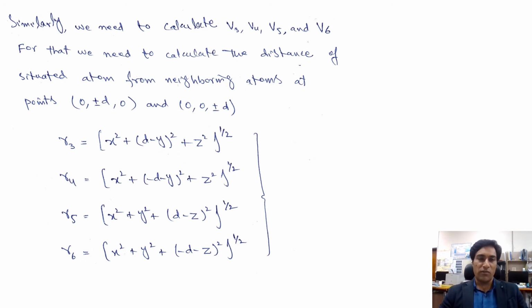So this is for point 0 d 0, and r4 is equal to x square plus minus d minus y whole square plus z square, the whole power is 1 over 2, and this r4 is from the point 0 minus d 0. Similarly, we have the values of r5 and r6 from the point 0 0 plus minus d.